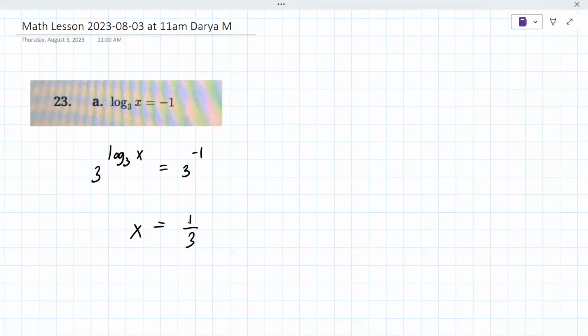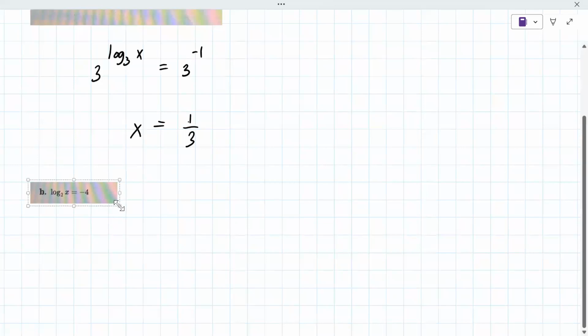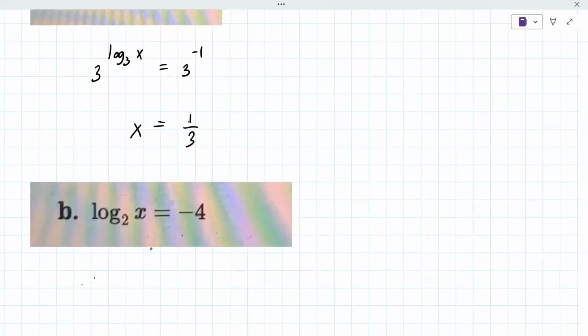So the idea is you undo the log. So part B, you undo log base 2 with the 2. So you can say 2 to the log base 2 of x equals 2 to the -4.